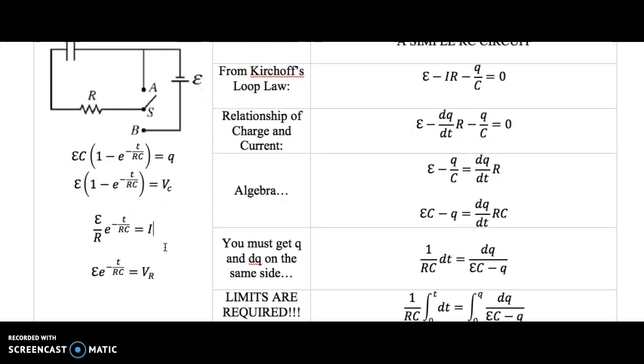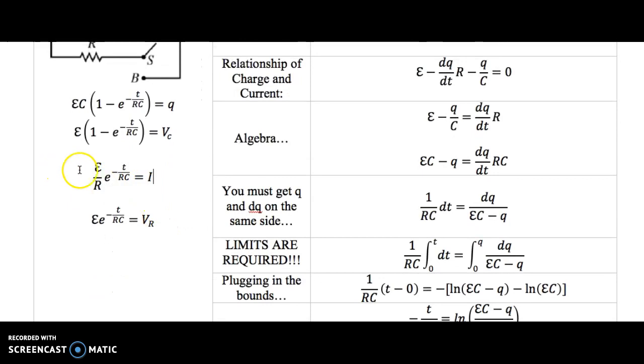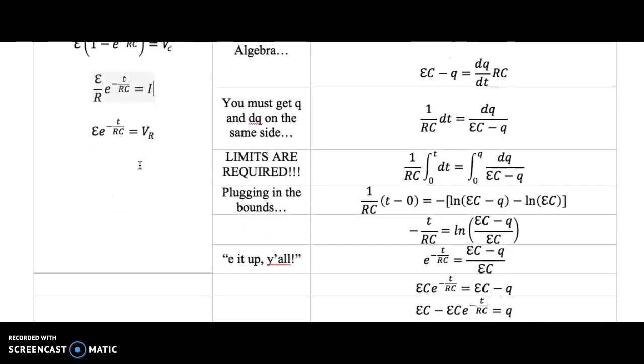I will leave deriving this equation by taking a derivative up to you. Please do it. It's a useful exercise. You need to know how to turn this equation into this equation.